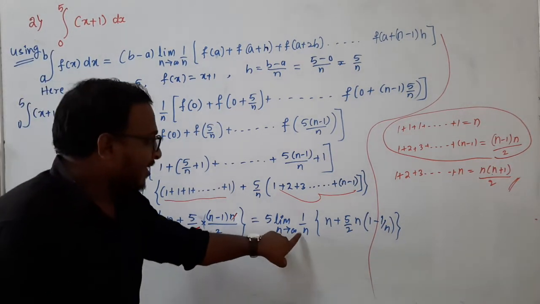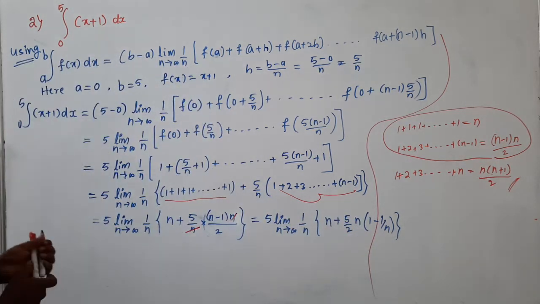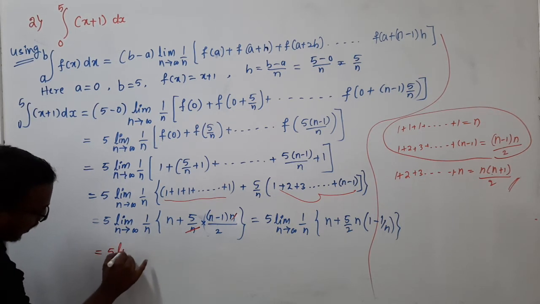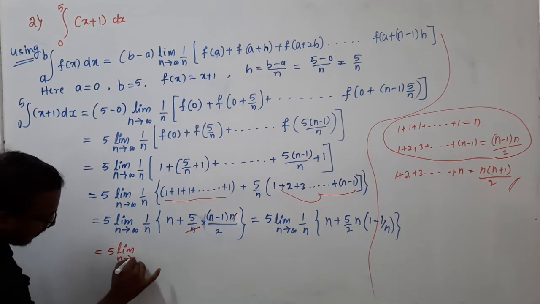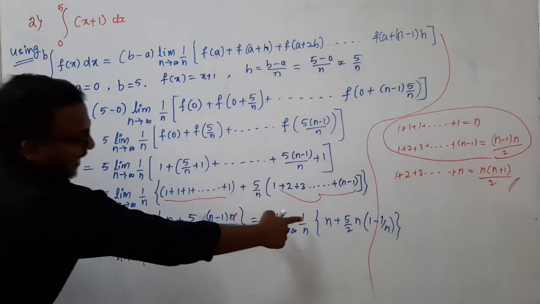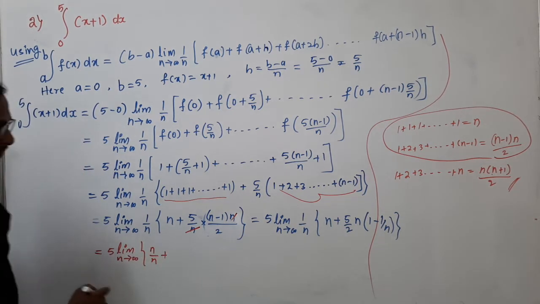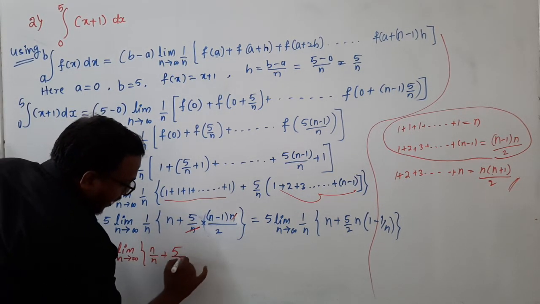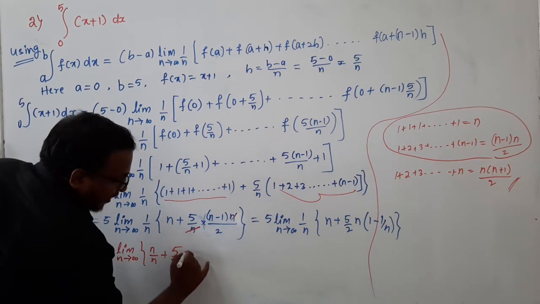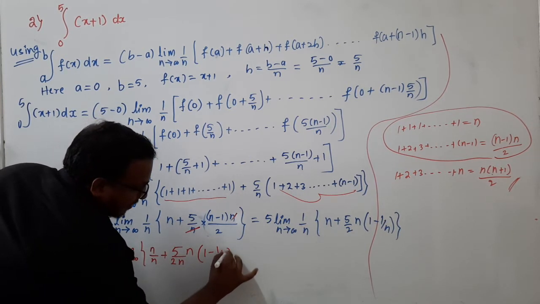Now multiply by this 1 by n to this function. The equation will become 5 limit n tends to infinity of n by n plus 5 by 2n, and the numerator containing n also has 1 minus 1 by n.